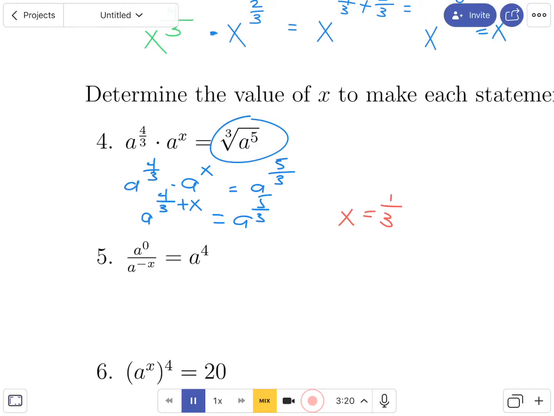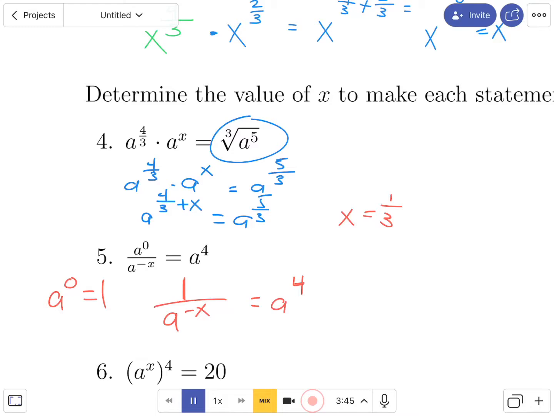Okay, so for number 5, we have a to the 0 power over a to the negative x power. Anything to the 0 power here in the top is going to be equal to 1. Remember, this is a property that we have where our exponent is 0. The answer to that is 1. So this is 1 over a to the negative x power equals a to the 4th power.